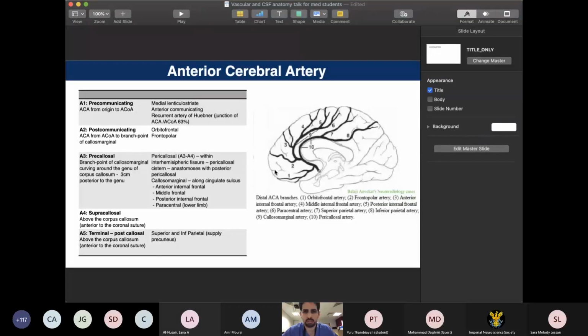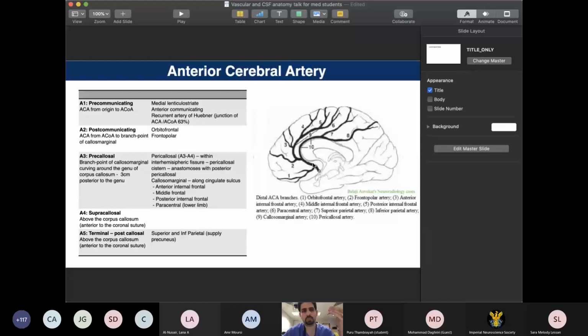The first part of the anterior cerebral artery, A1, is from the bifurcation to the ACOM, the anterior communicating artery. Remember, the anterior communicating is that anterior part of the ring road of the Circle of Willis. Again, huge amounts of variation.